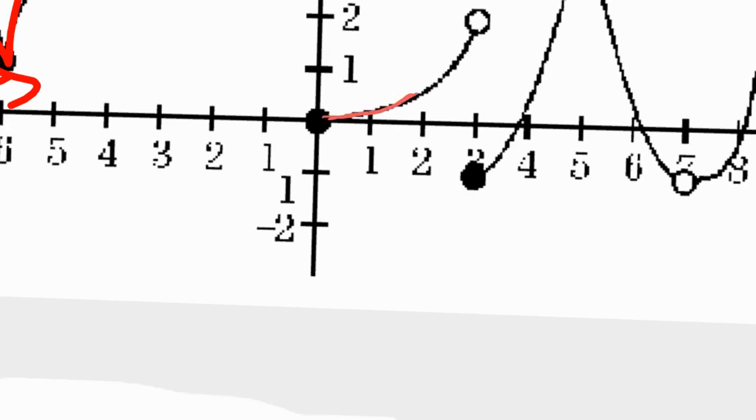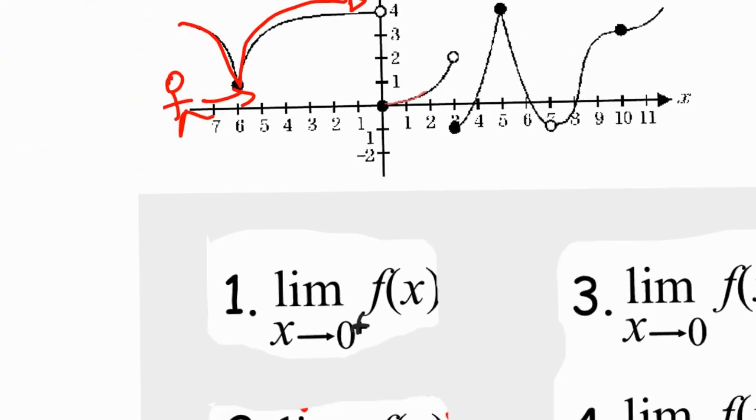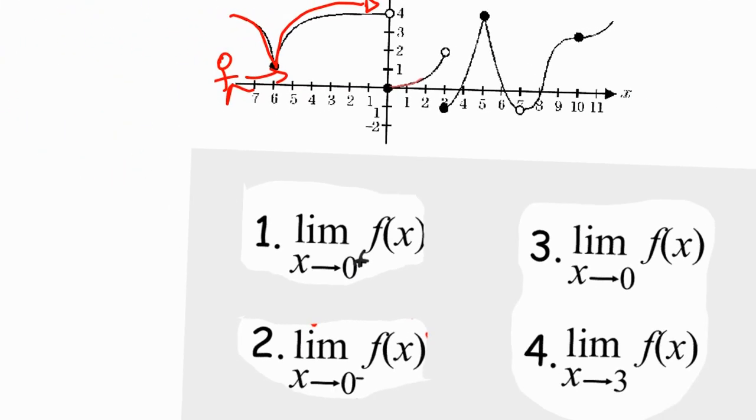So even though you would say that there's no neighborhood on the left side, we're not talking about the left side, we're only talking about the right side. So the answer would be 0. So let's zoom out real quick. So the answer would be 0.